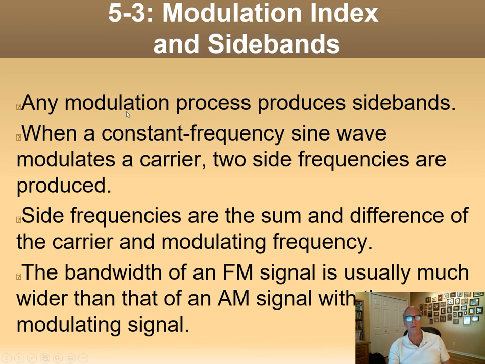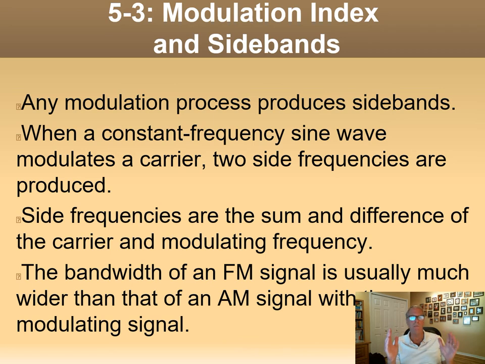This statement here, when a constant frequency sine wave modulates a carrier, two side frequencies are produced, is true for AM. For FM, it's two, but there are many, many more. There is literally an infinite number of them. Now, they die out very quickly, so you won't see them after a couple of significant sidebands, which we'll talk about in a minute. But there are a lot of sidebands.